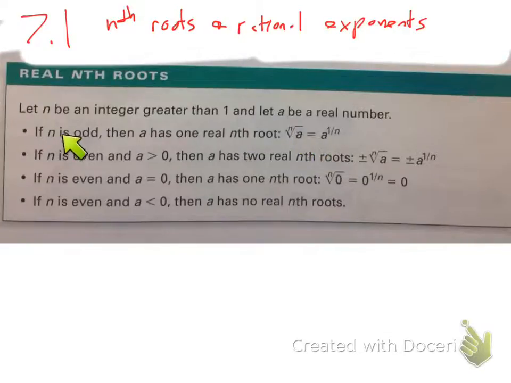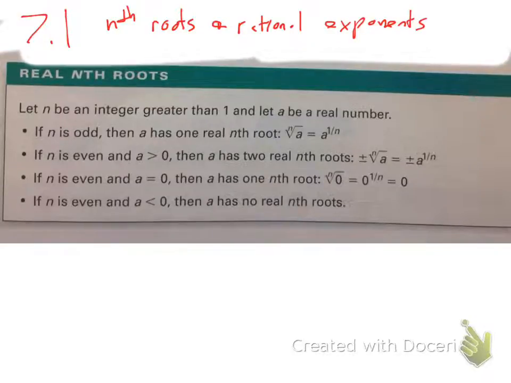If n is odd, which means the root is odd, that means it's 1, 3, 5, 7, there's always going to be a root. That means there's always an answer. So if n is even, so it's an even root, and a is bigger than 0, there are 2.